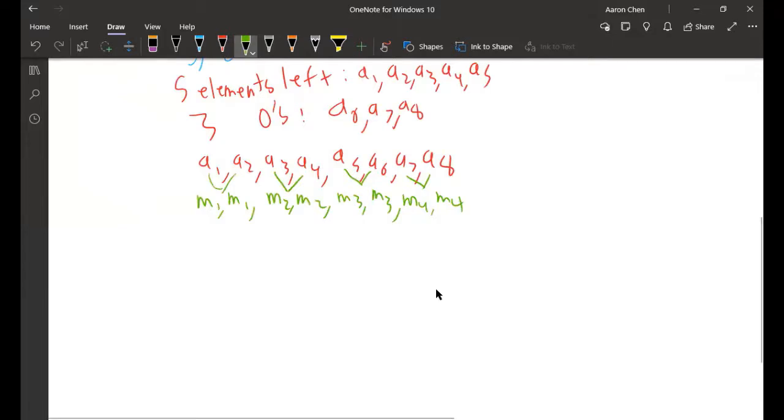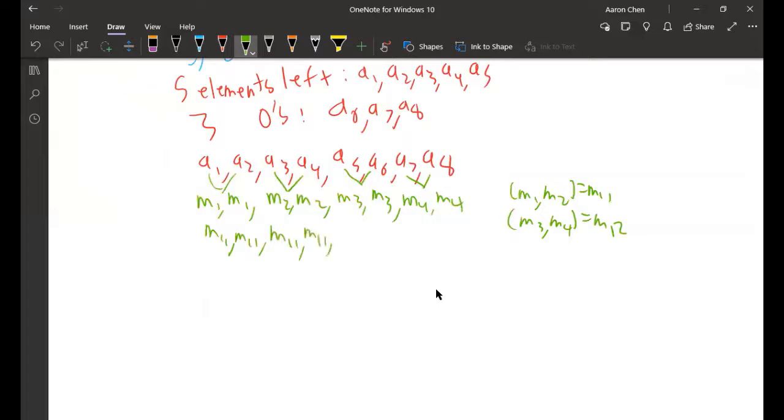And so after this, we can let the operation applied to M1 and M2 be equal to M11, and the operation on M3 and M4 equals M12. And so we get M11 four times, and M12 four times.